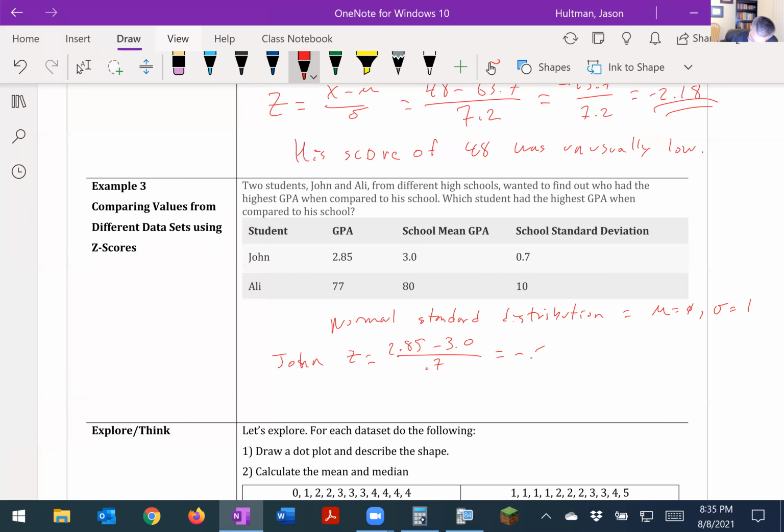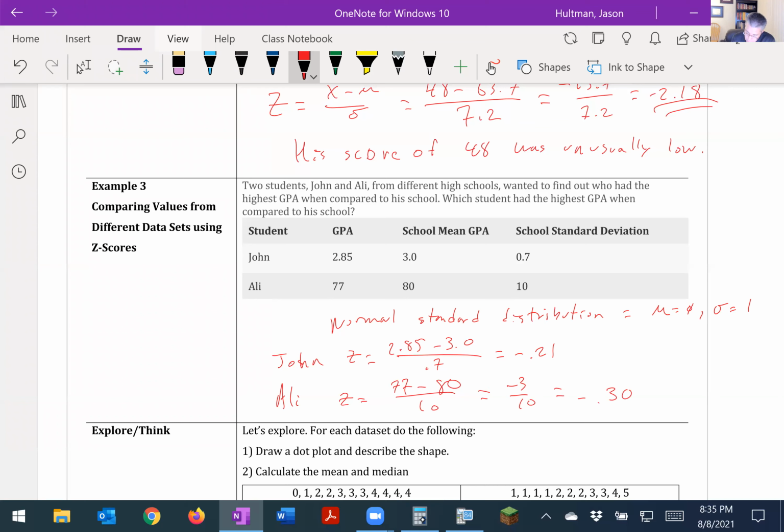So that's 0.21 standard deviations below the mean. Okay, Ollie, let's do his z-score. It's 77 minus 80 over 10. This is going to be negative 3 over 10, which is negative 0.30.